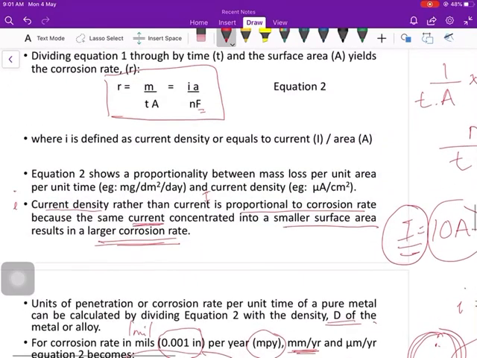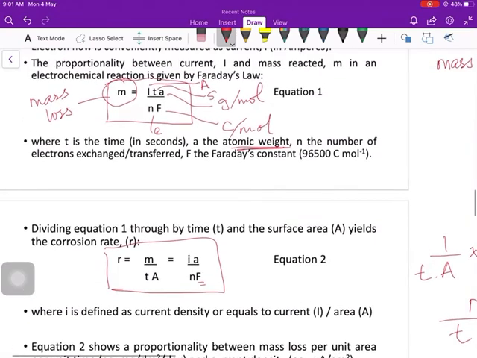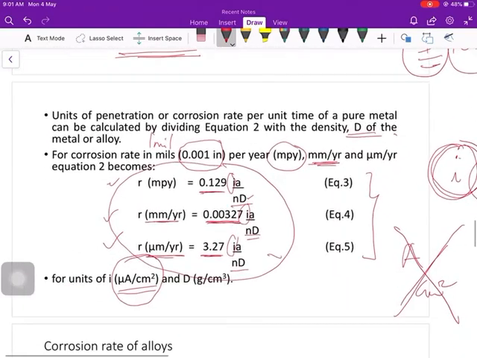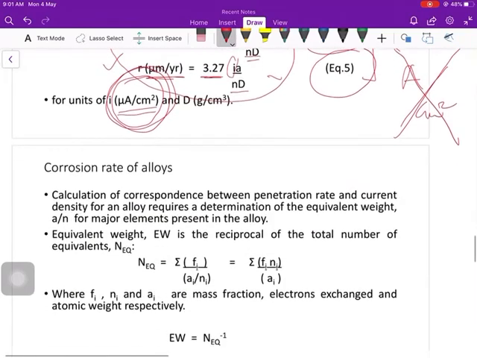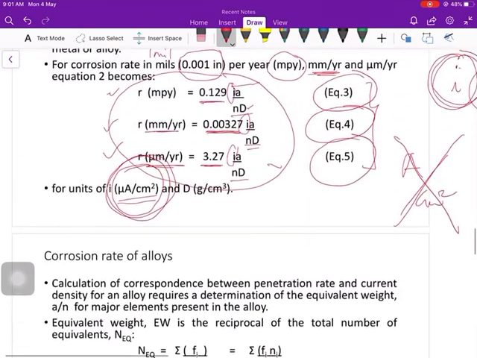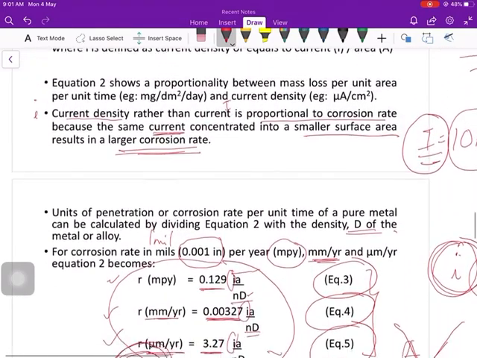You must use microampere if you use these three equations. But the first equation and second, for example here, this is ampere per cm square, and also here it is in ampere, capital letter I. But for these three, equations 3, 4, and 5, small letter i, you must use this unit.